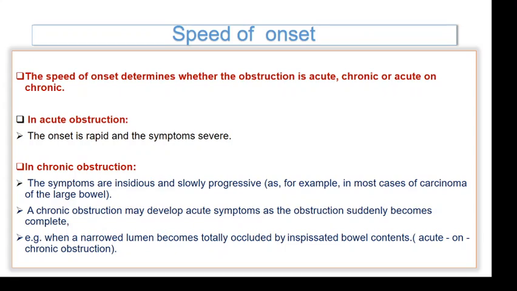For example, in most cases of carcinoma of the large bowel, the progression is very slow and insidious. Chronic obstruction might develop acute symptoms as the obstruction suddenly becomes complete. For example, when a narrowed lumen becomes totally occluded by bowel content, the obstruction changes from chronic into acute on chronic obstruction.